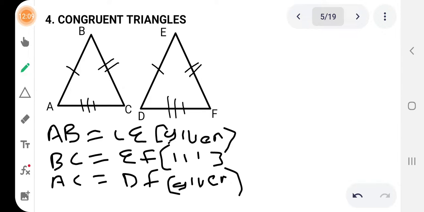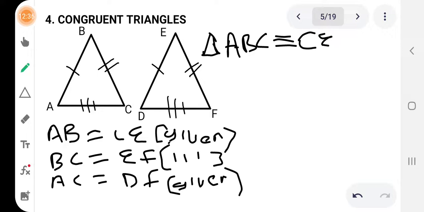Okay, so in this case, we have proved that these two triangles are congruent. So we're simply going to say triangle ABC is congruent to triangle CEF.